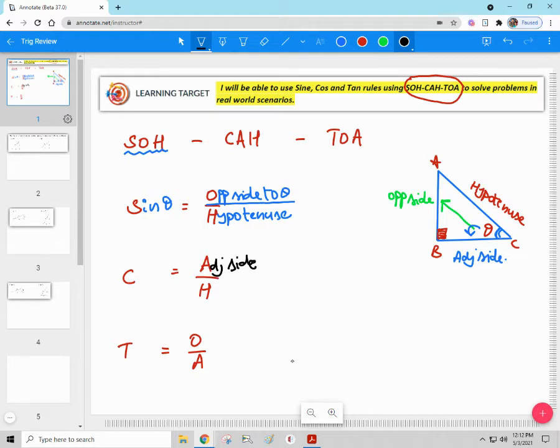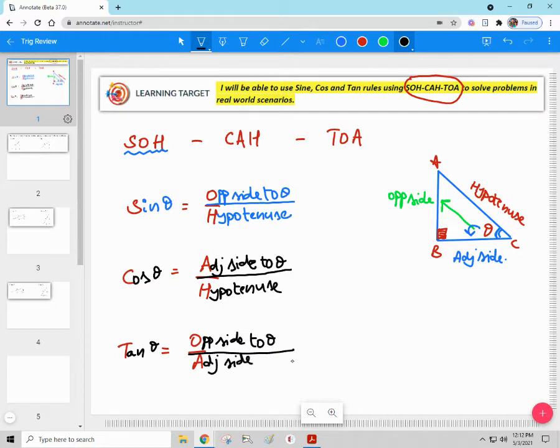So adjacent side to theta over hypotenuse is cos theta. My apologies, this is cos theta equals adjacent side over hypotenuse. The third one is tan theta equals opposite side to theta over adjacent side to theta.